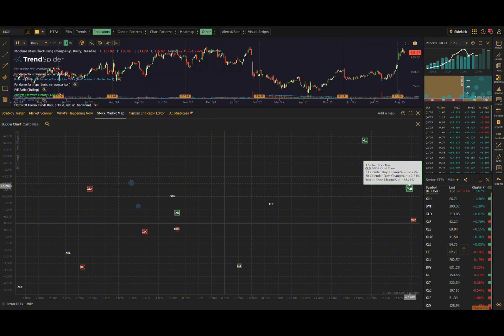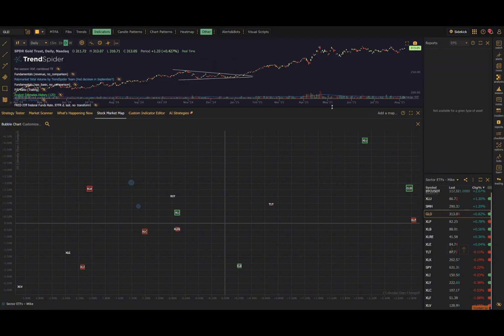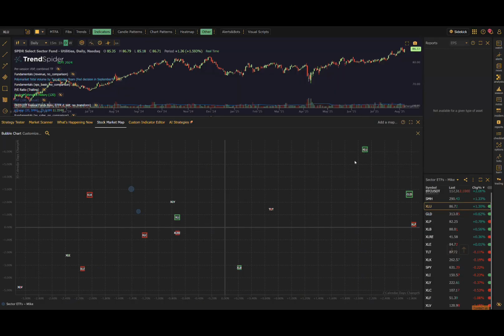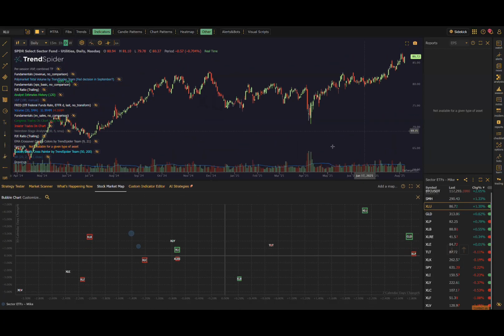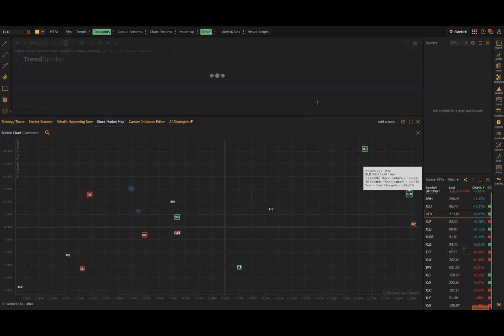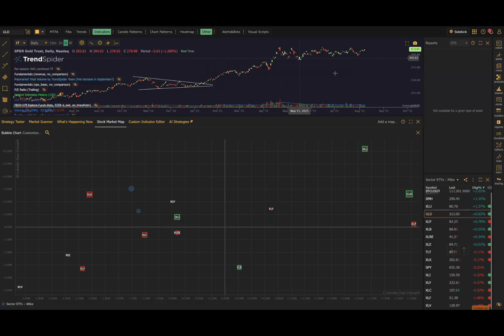So GLD, as you see, is up 2.77% over the last week. And then the stuff highest is going to have the highest 30-day change. So basically the stuff at the top right is going to have the highest 7 and 30-day change percent, aka the sector leaders now. As you can see, utilities are pulling forward. And clearly, as you can see on the chart, they are pretty bullish. And so is gold. Yeah, gold is still chugging along.